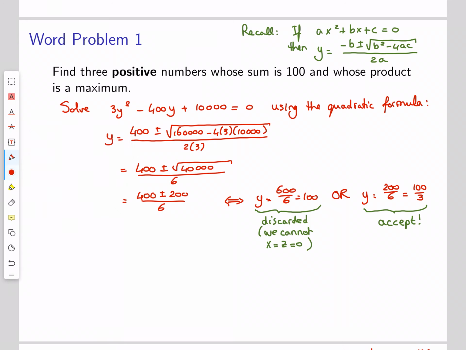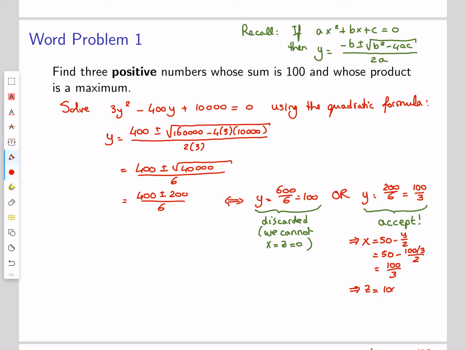As soon as we know that y is equal to 100 over 3, then we can calculate x. Right? What is x? Well, x is 50 minus y over 2. And when you substitute this in, 50 minus 100 over 3 divided by 2, you end up with 100 over 3 as well. And then you can calculate what z is.